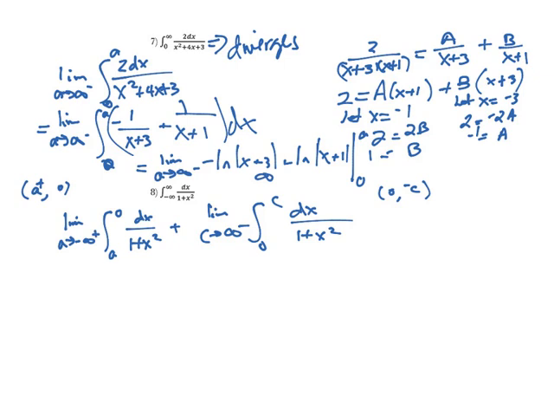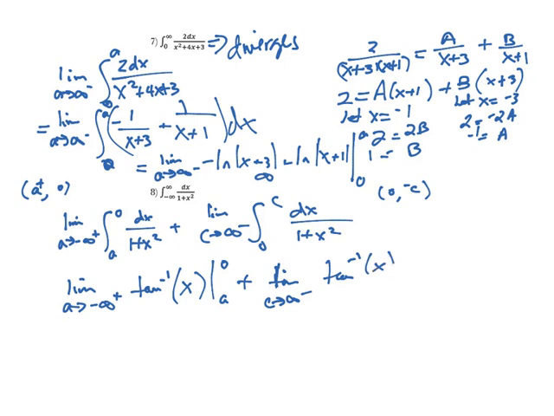Okay. Well, what is the integral of 1 dx over 1 plus x squared? Hopefully you remember that's inverse tangent. So that's inverse tangent of x, evaluated from a to 0, plus the limit as c approaches infinity from the left of inverse tangent of x from 0 to c.